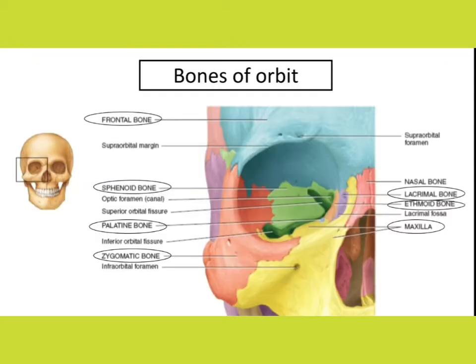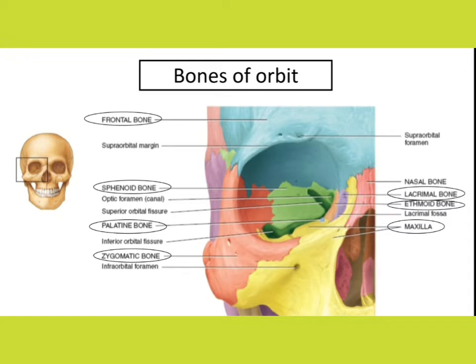Okay, so the orbit consists of several bones. There are 7 bones which are responsible for making the orbit. So these bones are: first the frontal bone, then the sphenoid bone. In the sphenoid there are 2 wings, the lesser wing of sphenoid and the greater wing of sphenoid.